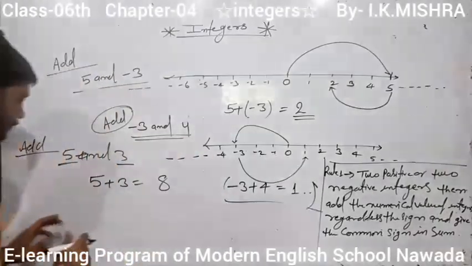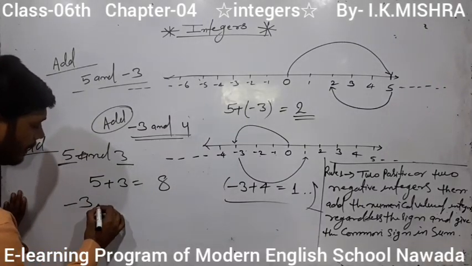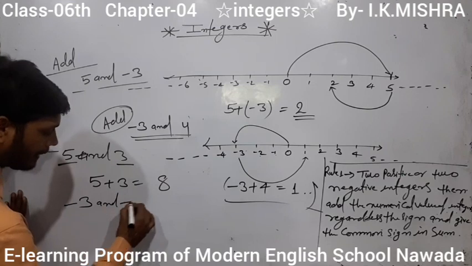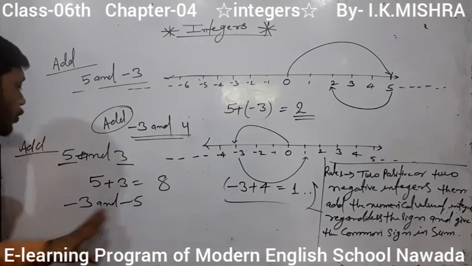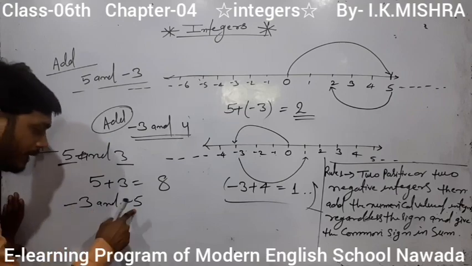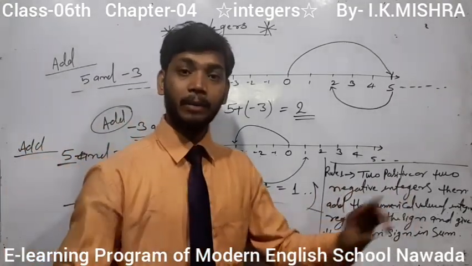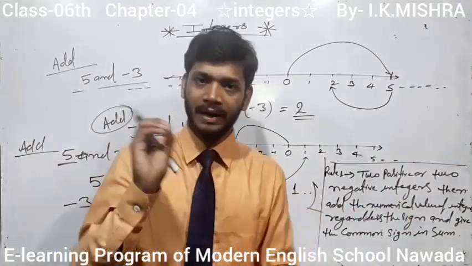Suppose you have to add minus 3 and minus 5. Here two integers are given and both have a negative sign. That means the common sign is negative, the minus sign.